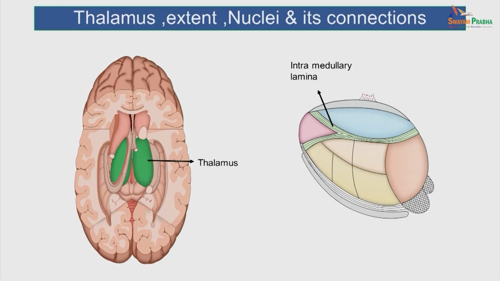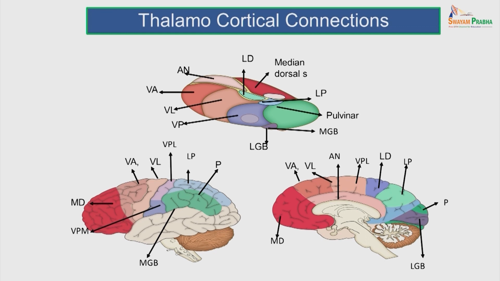So, in the next part of our discussion, we will talk about the thalamo-cortical connections. So, what are these connections? The different parts of the nucleus, how they are relayed in the cerebral cortex. So, we have the anterior nucleus, which is relayed in the cingulate gyrus, which is seen on the medial surface of the cerebral cortex.